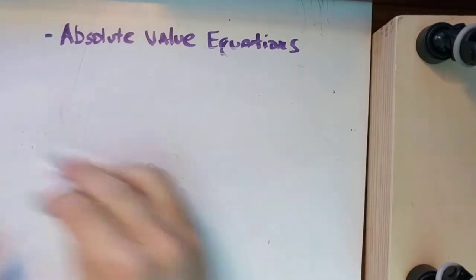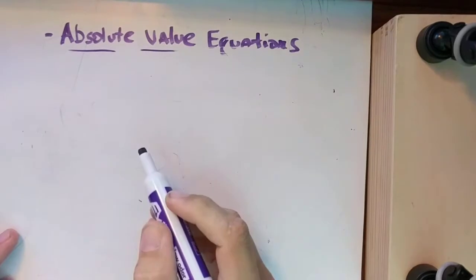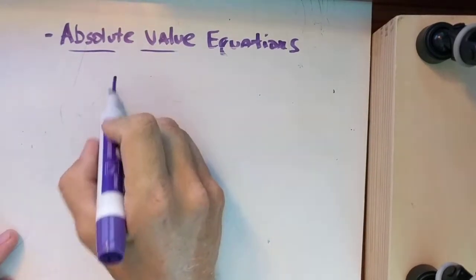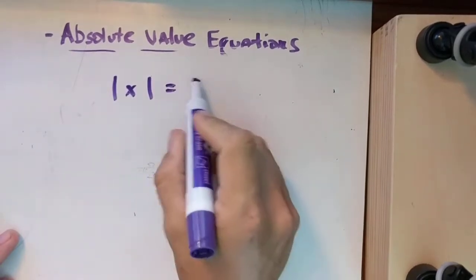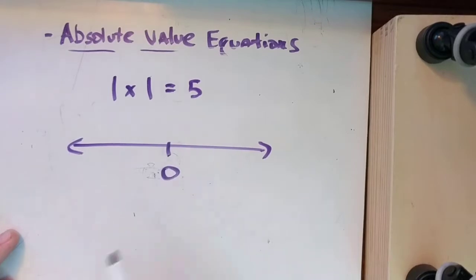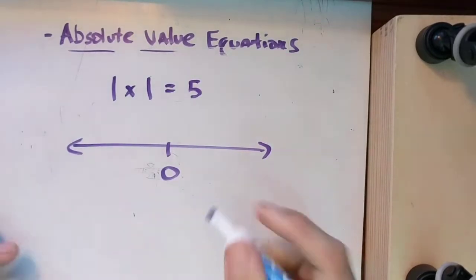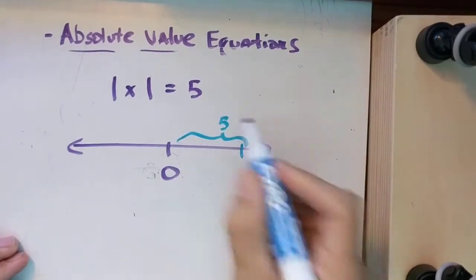So with absolute value equations, we need to understand what the words absolute value mean. The absolute value of a number means how far it is away from 0 on the number line. So if you're looking at a number line, here's 0, you have to ask yourself which numbers are a distance of 5 units away from 0 on the number line.